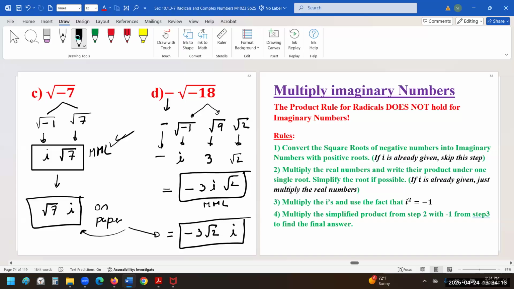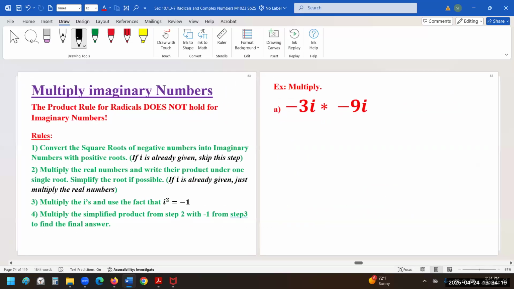So we have enough knowledge to go and multiply the imaginary numbers. When you multiply the imaginary numbers, it's the same as multiplying a normal variable. Like this is the same as -3x times -9x. Same thing, okay? But there is one difference.